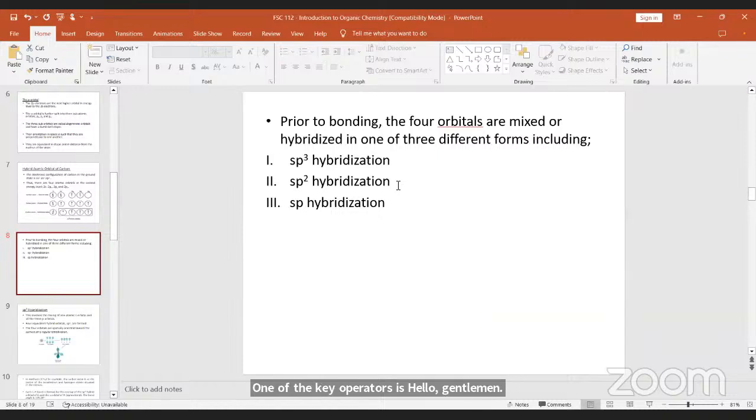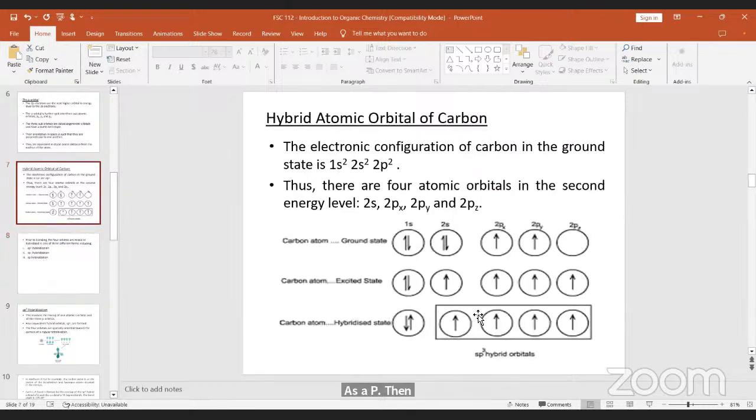But if for a particular reason, one of the p orbitals says, look, gentlemen, I'm not taking part in your mixing up, I just want to remain unique as I am as a p orbital, then it means that only 2 of the p orbitals will mix up with the s orbital. The one that is not mixed up will remain as what we call an unhybridized orbital.